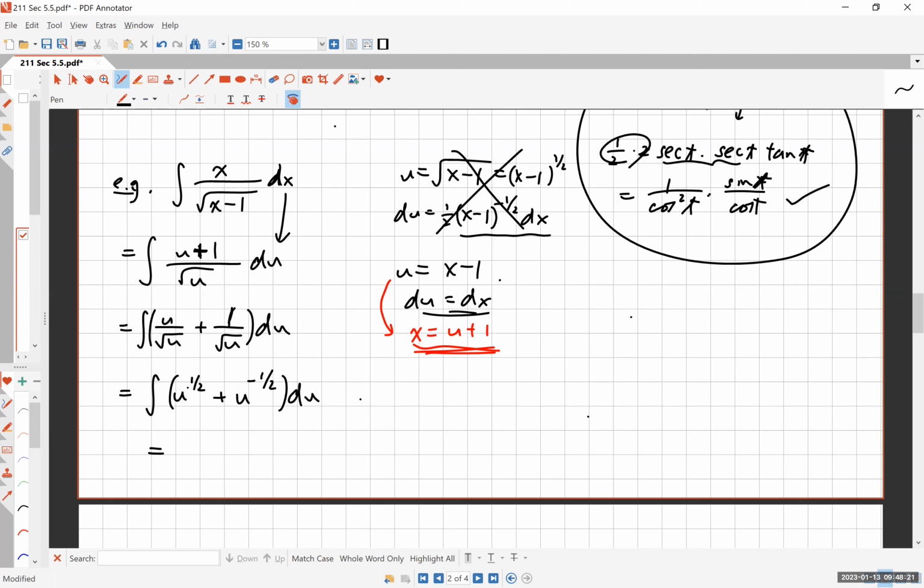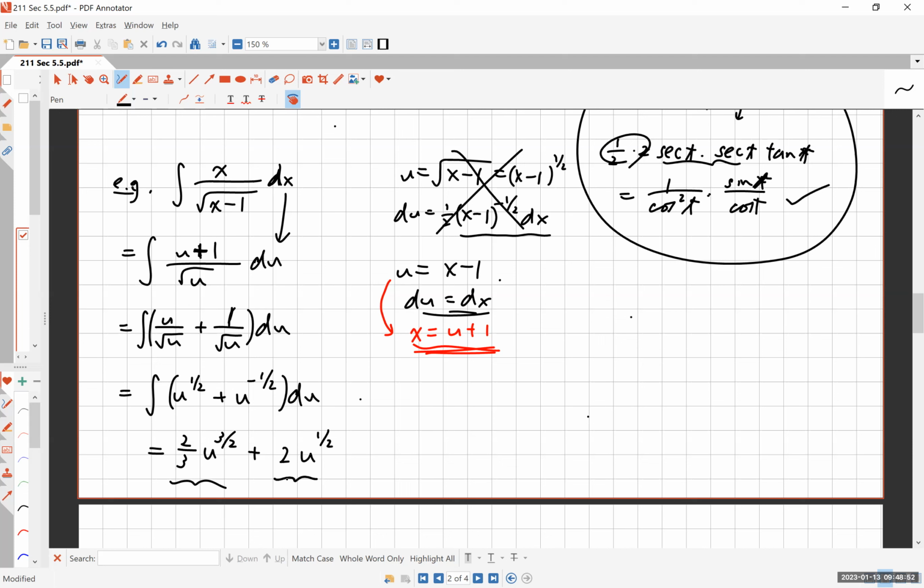You add 1 to 1/2, that's 3/2. Take the reciprocal of that, and that is your new exponent, making sure that when you differentiate this, you get u to the 1/2, which you do, right? Plus, now, if you add 1 to negative 1/2, you get 1/2. The reciprocal of that is 2, and then you just add. So this is your antiderivative of u to the negative 1/2.